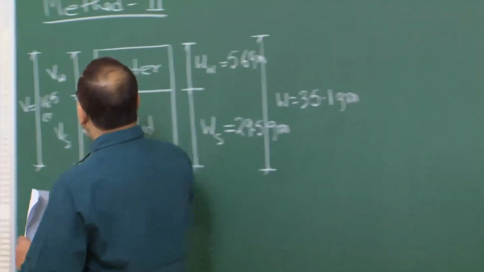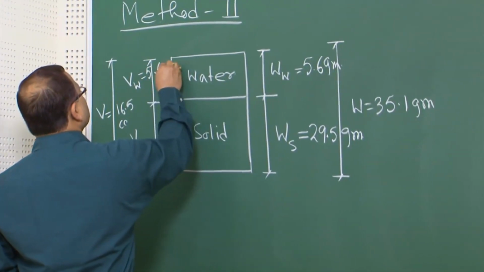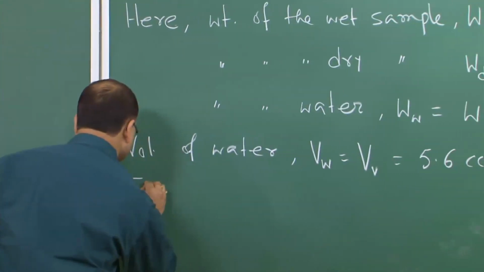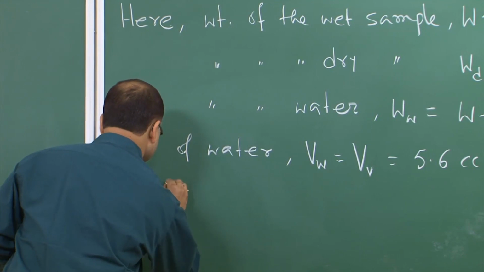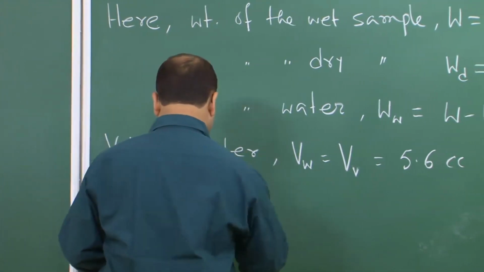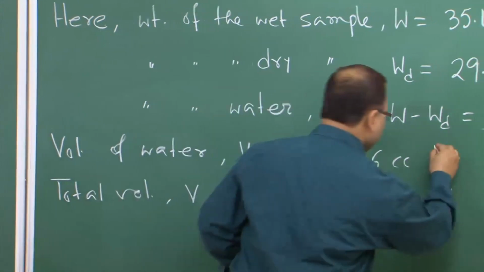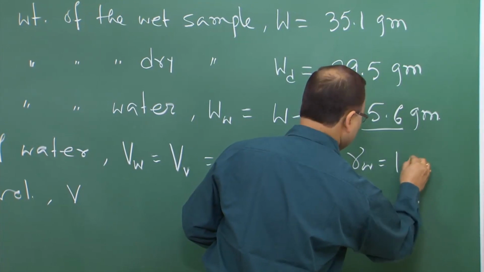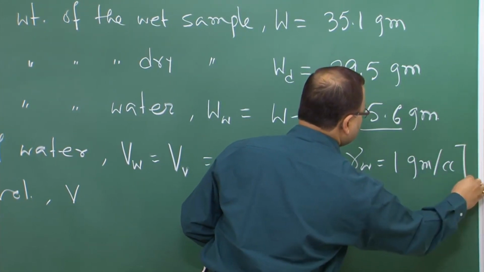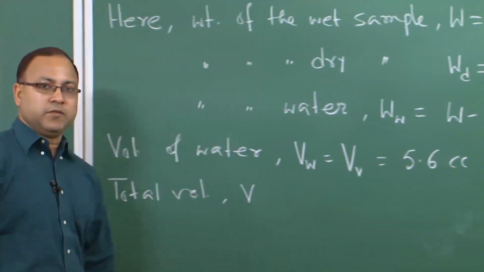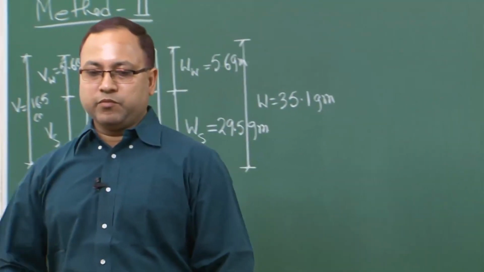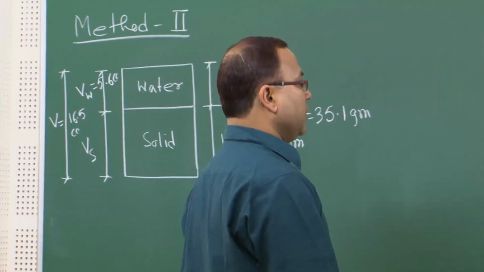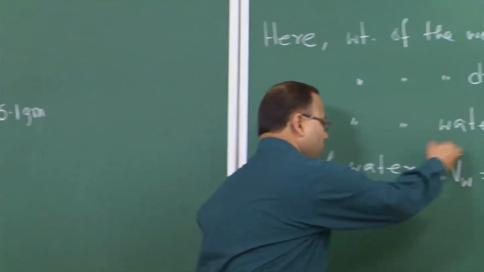So, I can write this is 5.6 cc. Then the total volume V. You can make a note here that your gamma W is 1 gram per cc. It actually depends on the temperature, but we are considering gamma W is 1 gram per cc for this problem. So, ultimately you have got the volume of water like this.